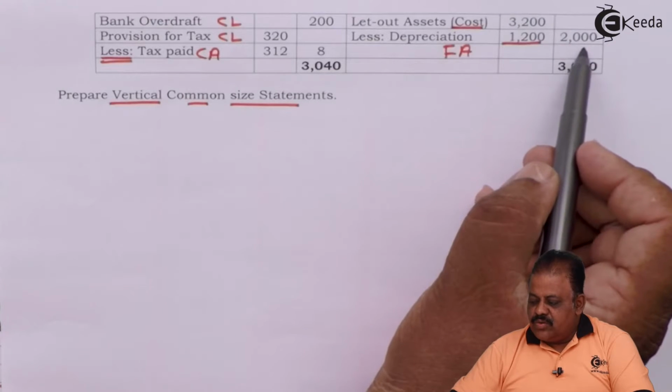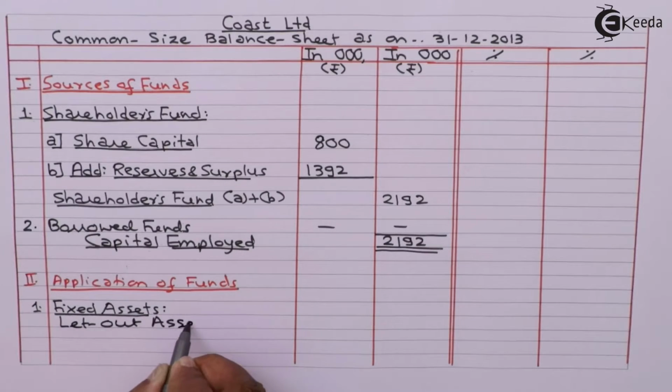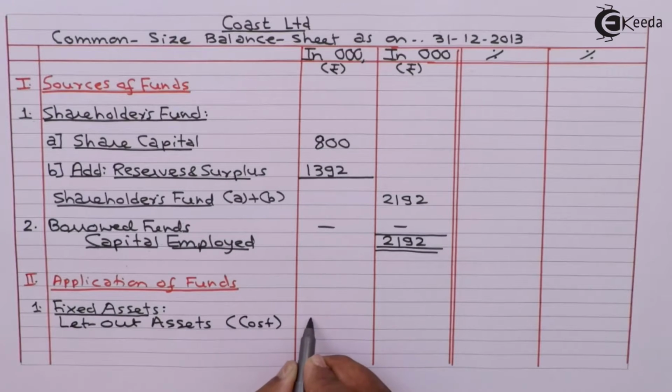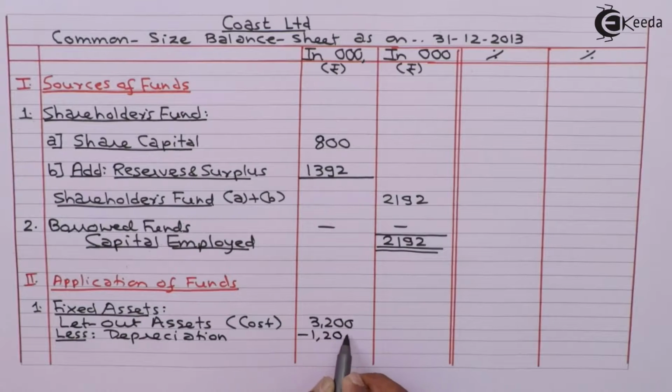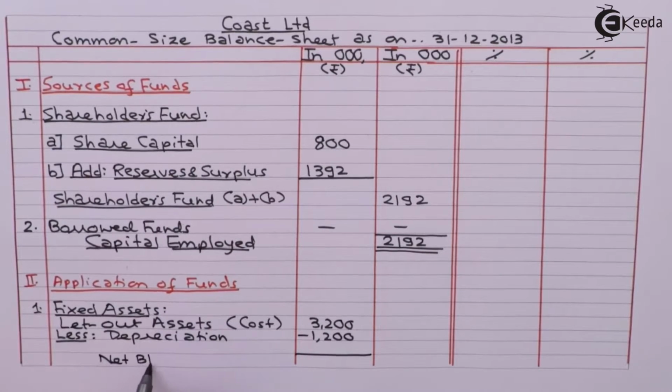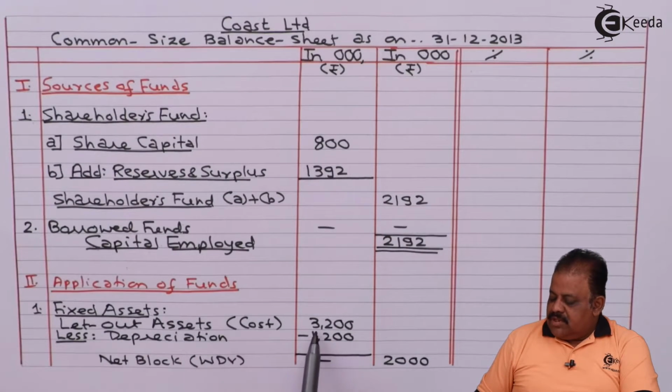So WDV is 2,000,000. Net block or WDV 2,000,000.